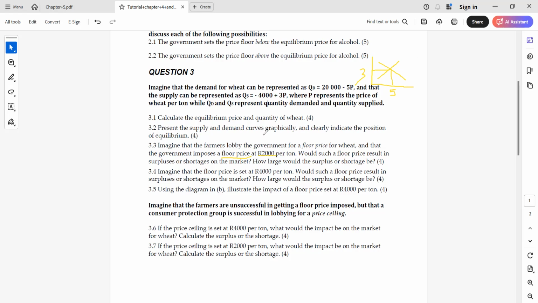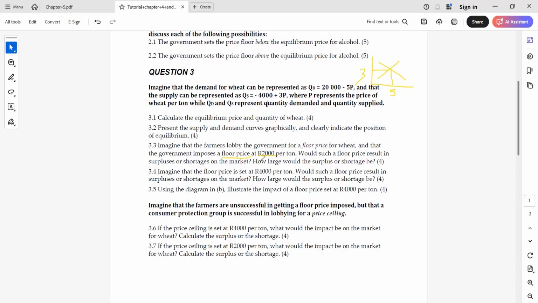Already, this is telling us that this floor price is set below the equilibrium price, which will mean that this price floor will be ineffective, because the price floor has to be above. If it's 2,000, it is below.